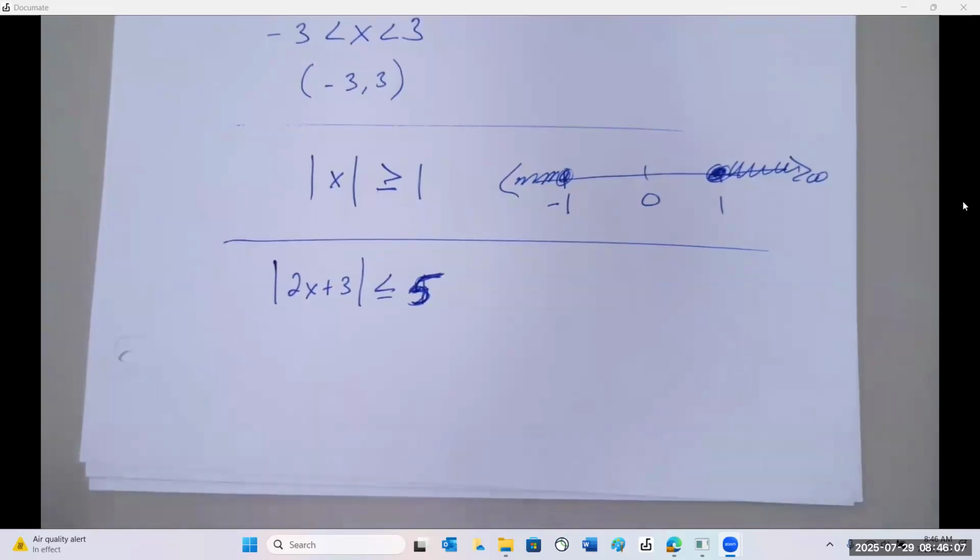We can't do the graph just yet, because we can only do the graph when we have the x by itself. So how do we set this up?